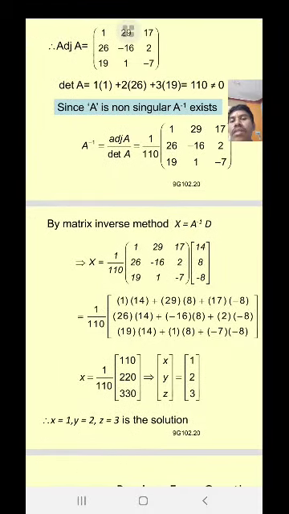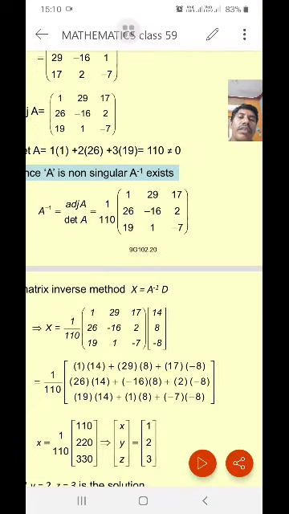A inverse equals adjoint A by det A, that equals 1 by 110 into adjoint A, that is 1, 29, 17; 26, minus 16, 2; 19, 1, minus 7.